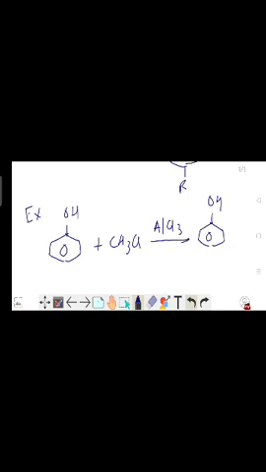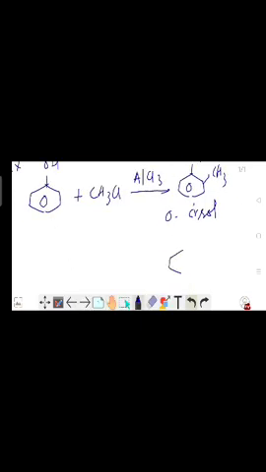This is known as orthocresol and this is known as paracresol. Again, due to steric hindrance this orthocresol product is unstable and this paracresol product is more stable due to less steric hindrance. So these are a few reactions of phenol.